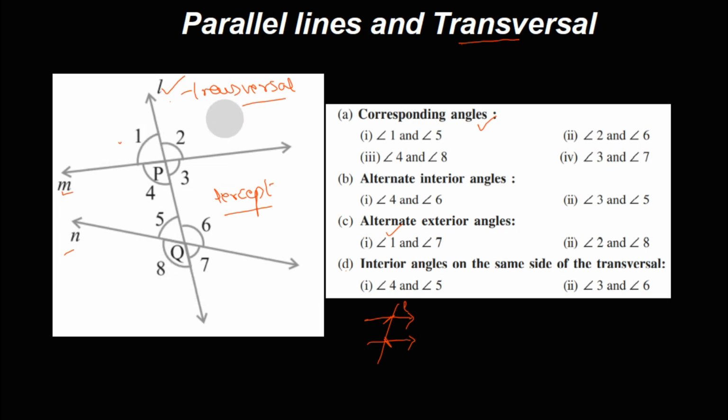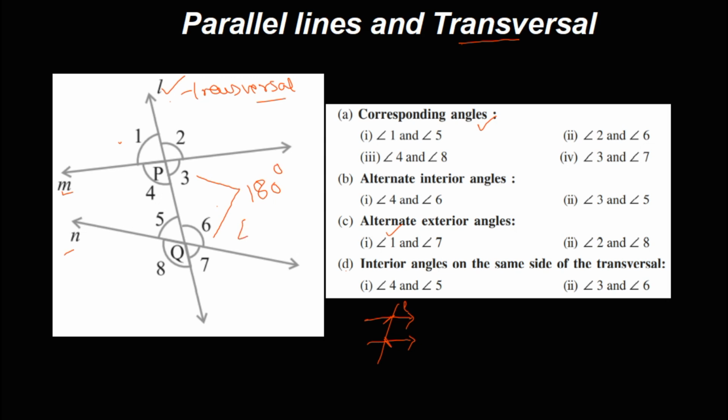Now let's move ahead with another term, interior angles on the same side of the transversal. There is one important concept here: interior angles on the same side of a transversal are supplementary. Means what?